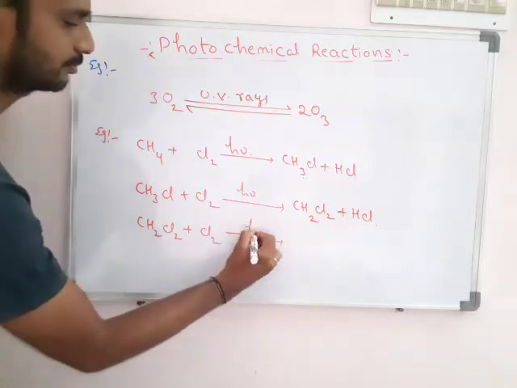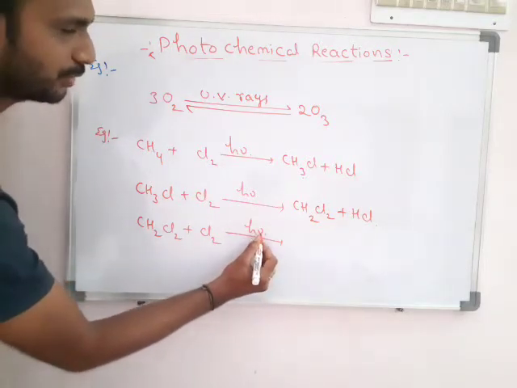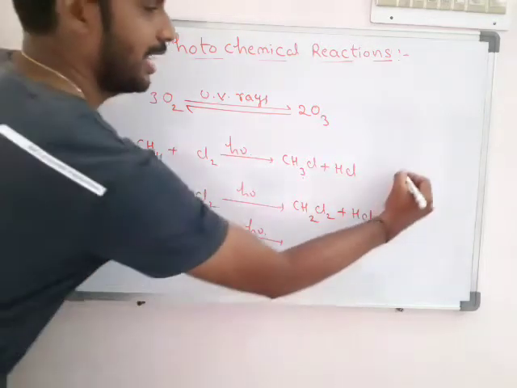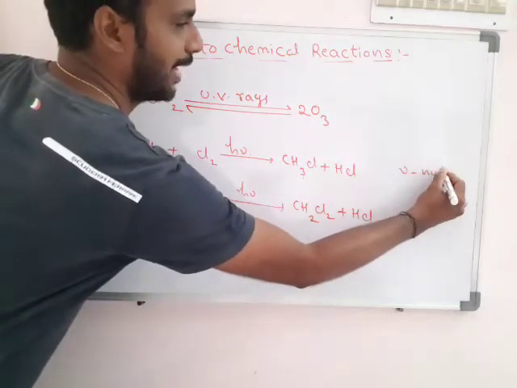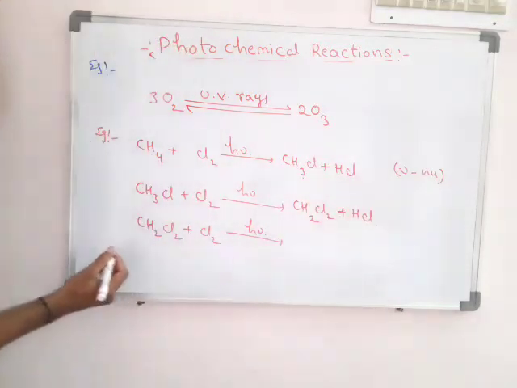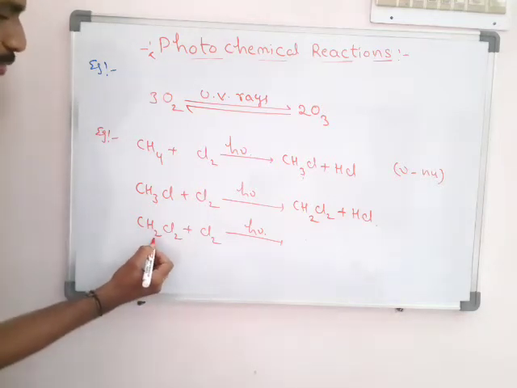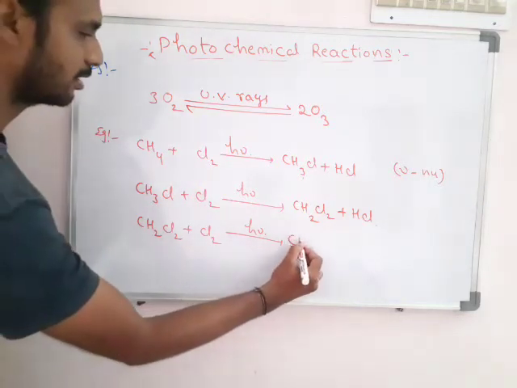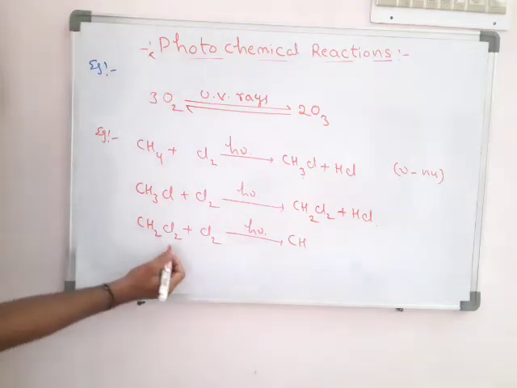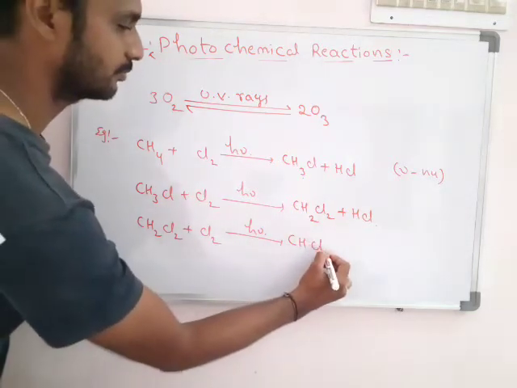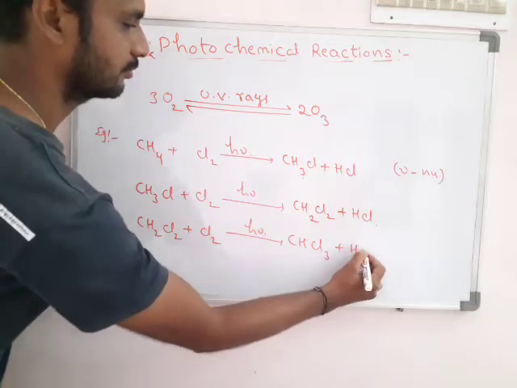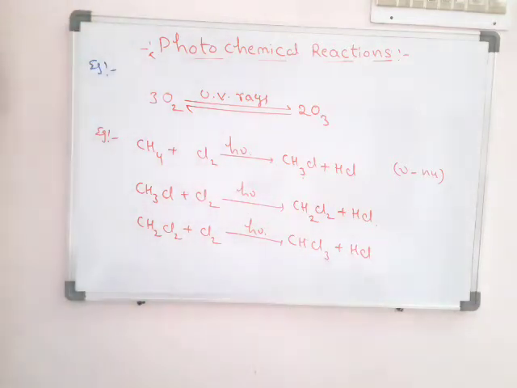hν, the symbol is not v, not u. This symbol is called nu. It's a Latin word. So CH2, one hydrogen again replaced by chlorine. So HCl.